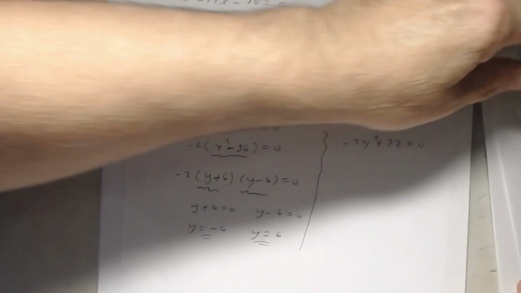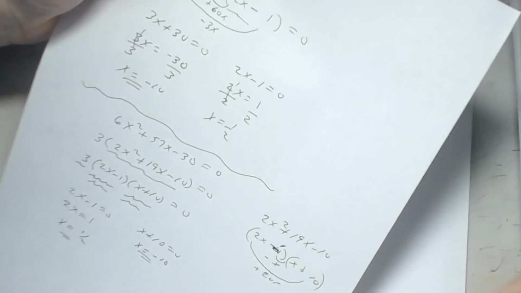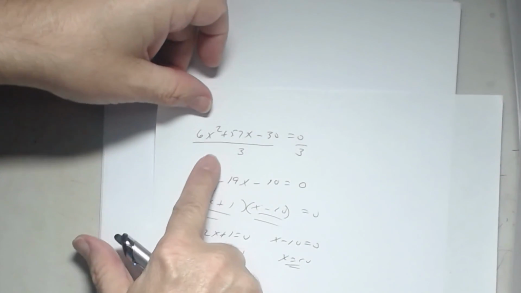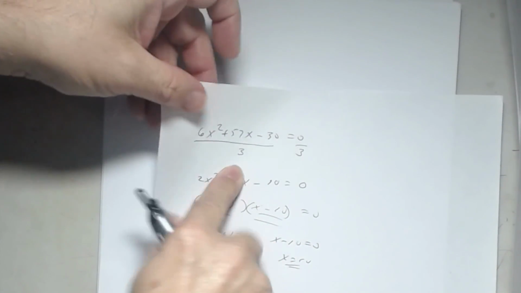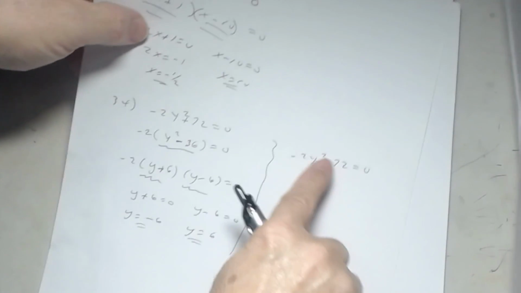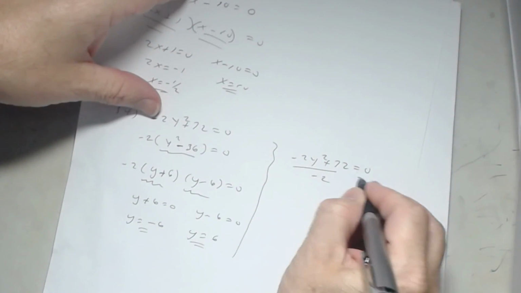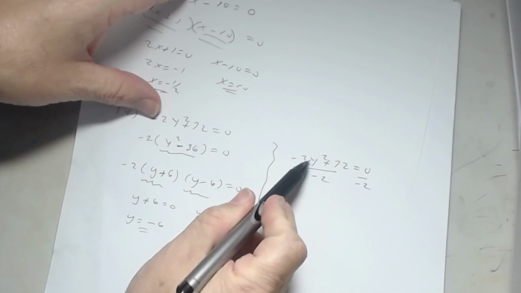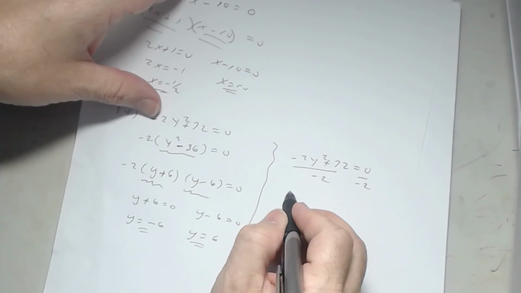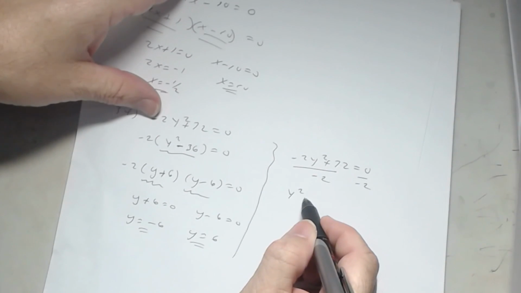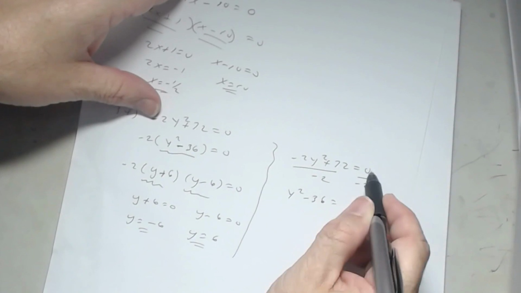Just like we did here, where the GCF was 3, so I divided both sides by 3, we could do the same thing here. The GCF is negative 2, so I could divide both sides by what? Negative 2. What's negative 2y squared divided by negative 2? y squared. What's positive 72 divided by negative 2? Negative 36. And what's 0 divided by negative 2? 0.